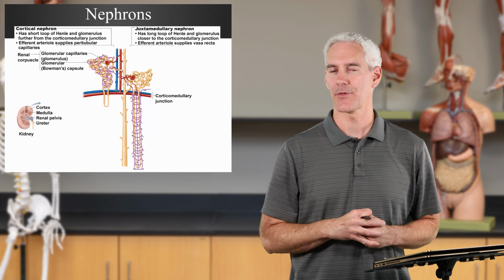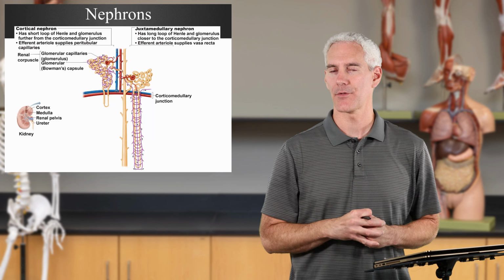From there, you go to the proximal convoluted tubule. That's what accepts the filtrate from the renal corpuscle. You'll notice that in this case, those curves are all mixed in with the capillaries and the other tubing. From there, we go to the loop of Henle, down the descending loop and back up the ascending loop of Henle to the distal convoluted tubule.